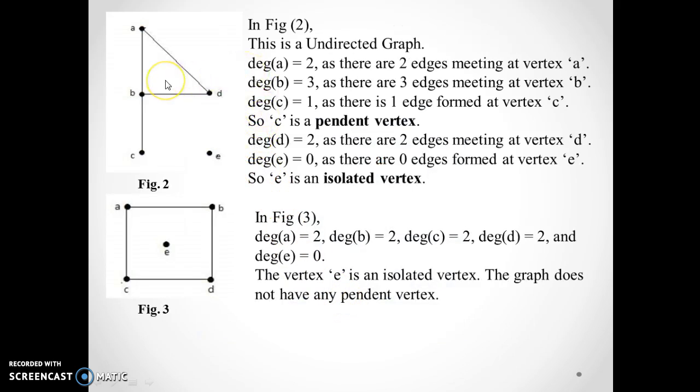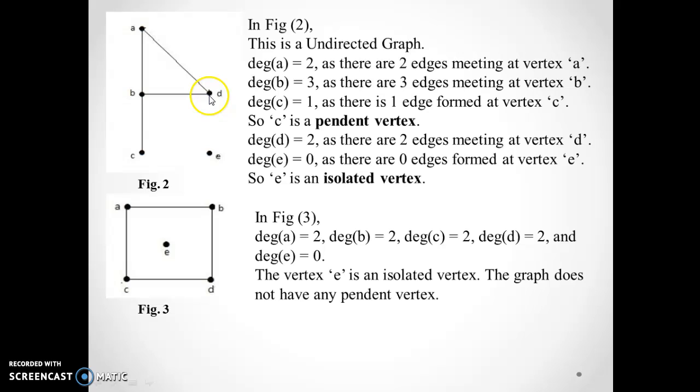Now, as shown in the side figure 2, this is an undirected graph. Here the degree of A is equal to 2, as there are two edges meeting at vertex A. The degree of B is 3, as there are 3 edges meeting at vertex B. The degree of C is 1, as there is one edge at the vertex C. So, C is called a pendant vertex.